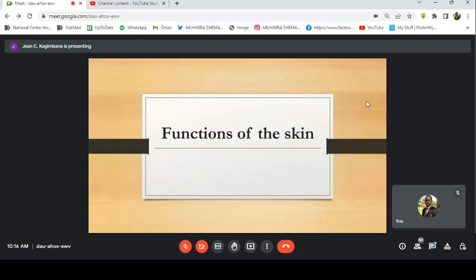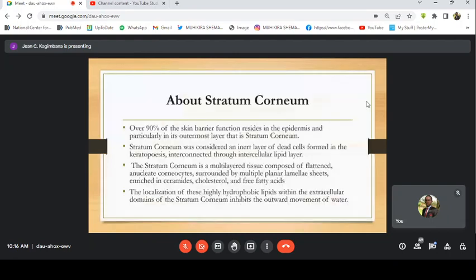Yes, sir. Okay. Now, the second part of today, the basics of dermatology, is the function of the skin. As you have seen, the different layers made by the skin, these layers are the ones that play the role in dermatology.